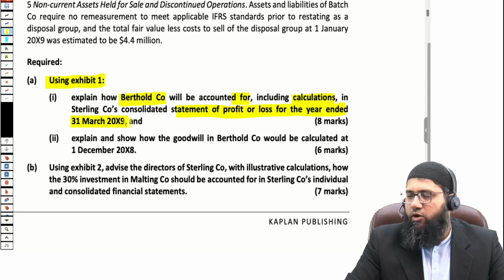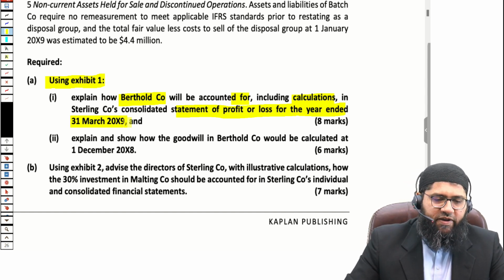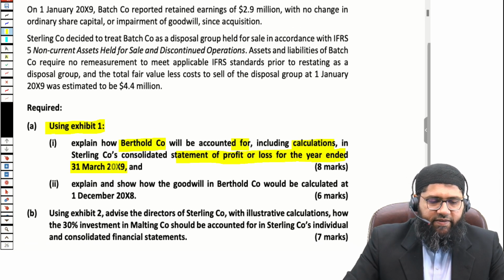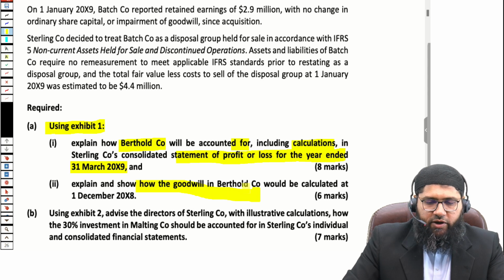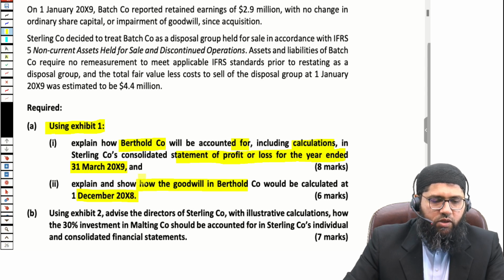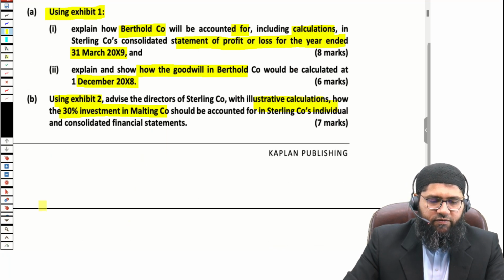The second thing is that you have to explain and show how the goodwill in Birdhold company would be calculated at 1st December X8. Then, using exhibit 2, advise directors with illustrative calculations how the 30% investment in Malting company should be accounted for in the Sterling company's consolidated financials.